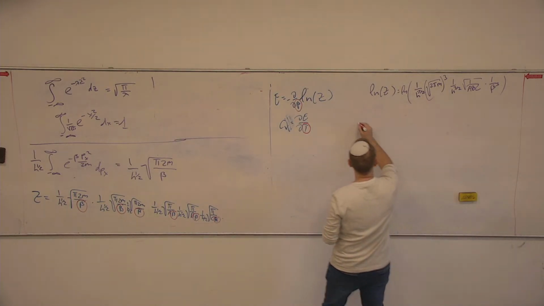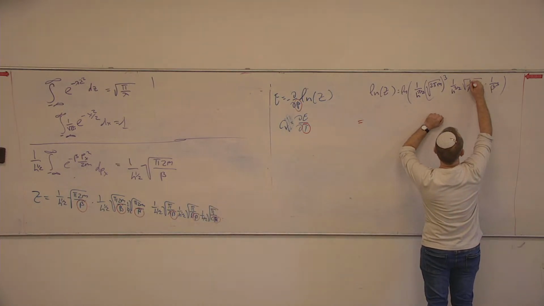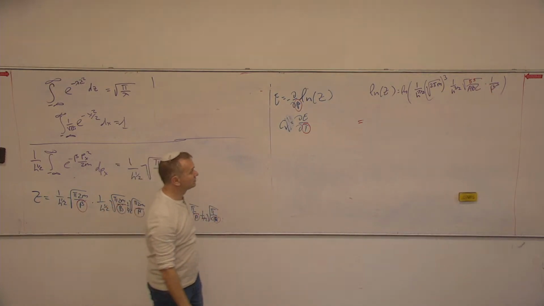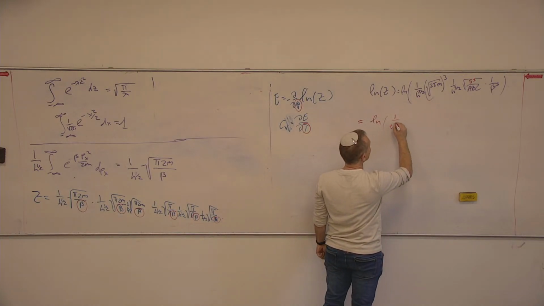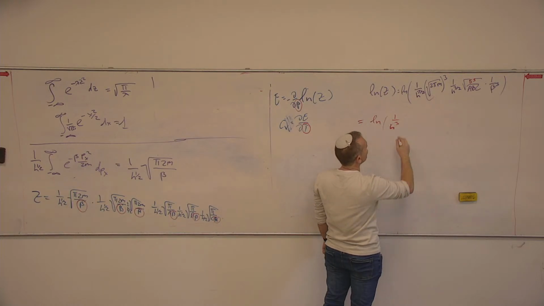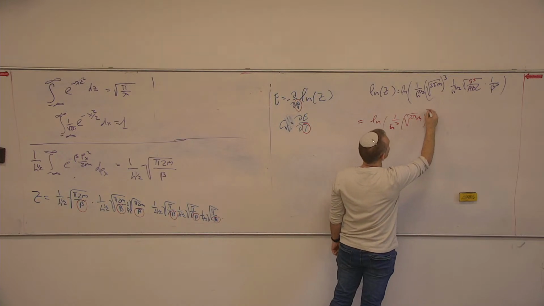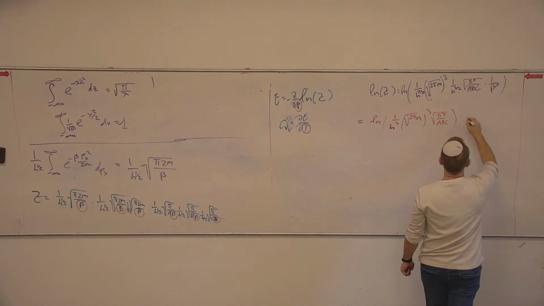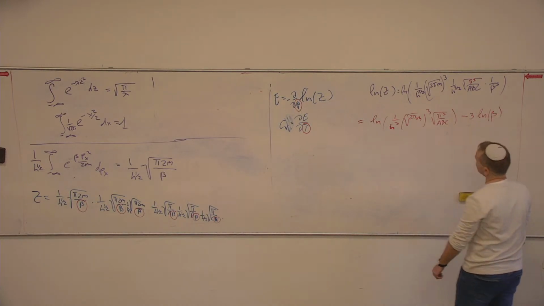So pi to the third. Okay. Do I care about this? I don't care, because it's a log of 1 over h to the power 3, square root of 2 pi m to the third, square root of pi to the third over a, b, c, minus 3 log of beta.